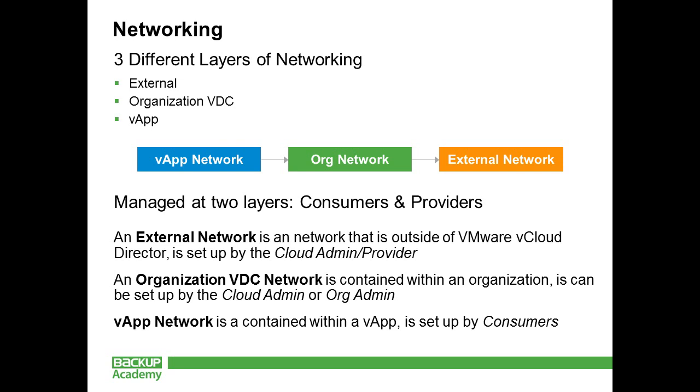So let's take a look at an external network. What is an external network? Now, this is a network that is external to vCloud Director. It's created in vSphere. It provides external connectivity to organizations, and as we said, it maps to a port group at the vSphere layer, and this is attached to vCloud Director as an external network. So it allows the vCloud to connect to the outside world.